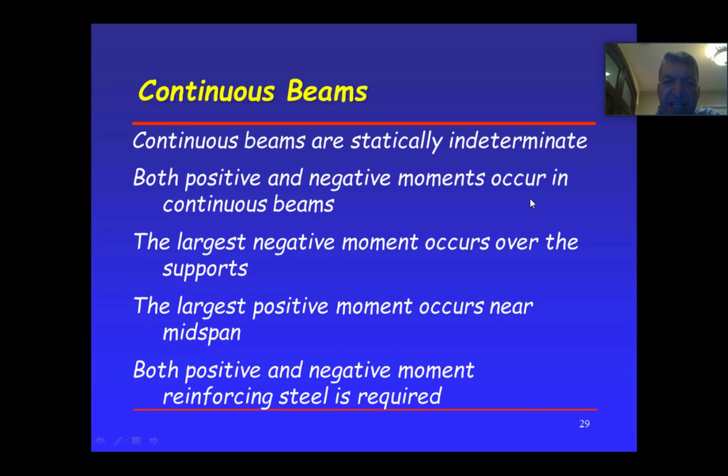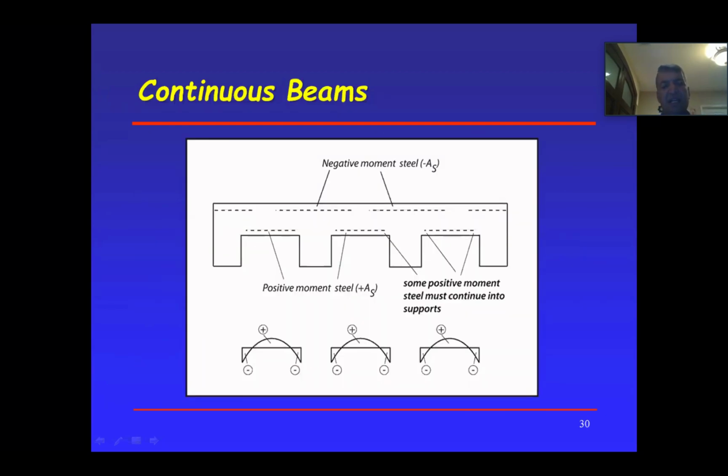Both positive and negative moments occur in the continuous beam. Okay, let me show you that. Again, we learn a lot from deflections. So if this beam is loaded, again, I'm assuming uniform load all the time, how is this beam going to deflect? This beam is going to deflect like this. Exaggerated, of course.